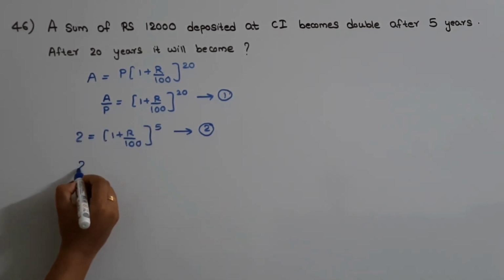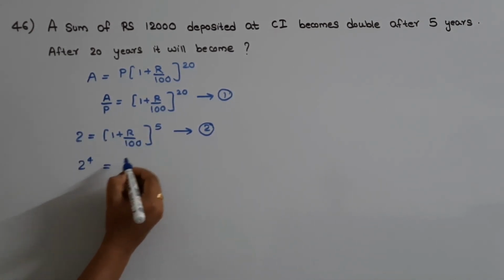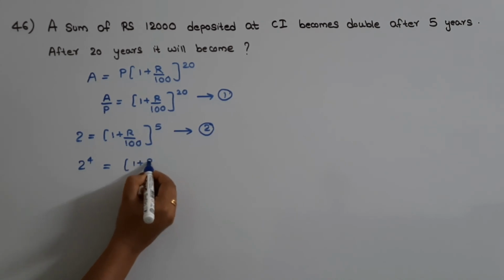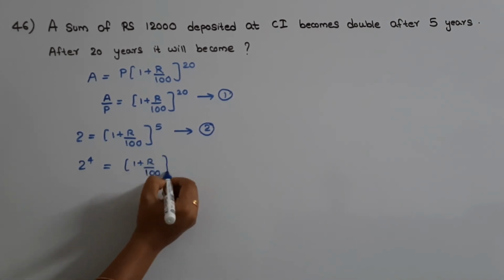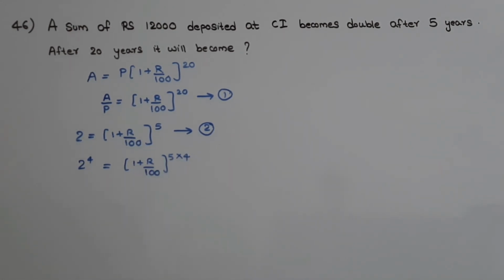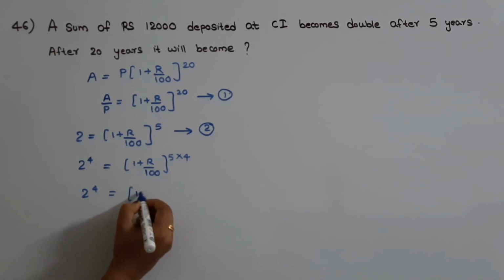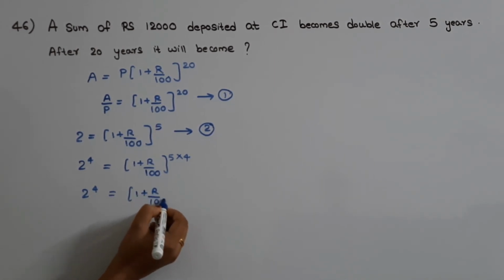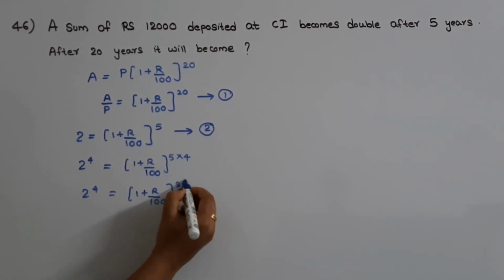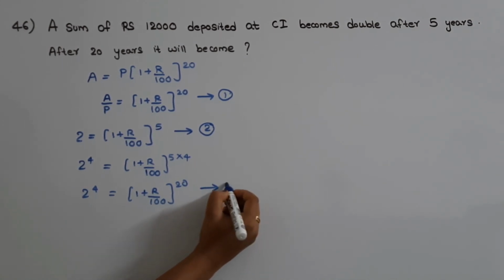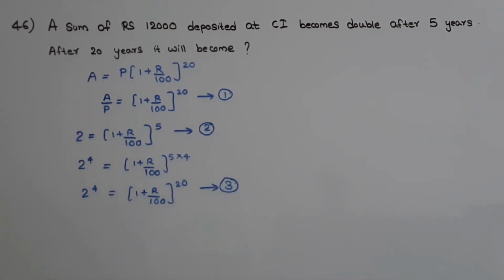So let us multiply the powers with 4 on both sides. We will get 2 raised to 4 is equal to (1 plus r by 100) whole raised to 5 into 4. So what we will get? That is, 2 raised to 4 is equal to (1 plus r by 100) whole raised to 20. Let us consider this as equation 3.